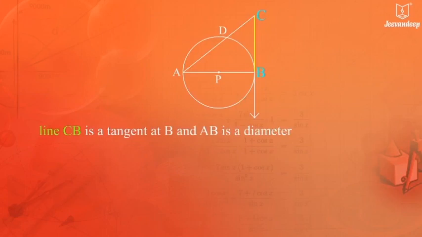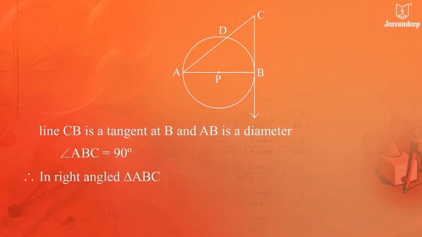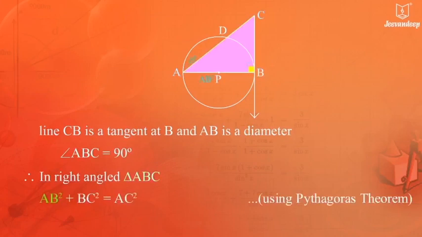As line CB is a tangent at B and AB is the diameter, angle ABC equals 90 degrees. Therefore, in right-angled triangle ABC, AB square plus BC square equals AC square, using Pythagoras theorem.